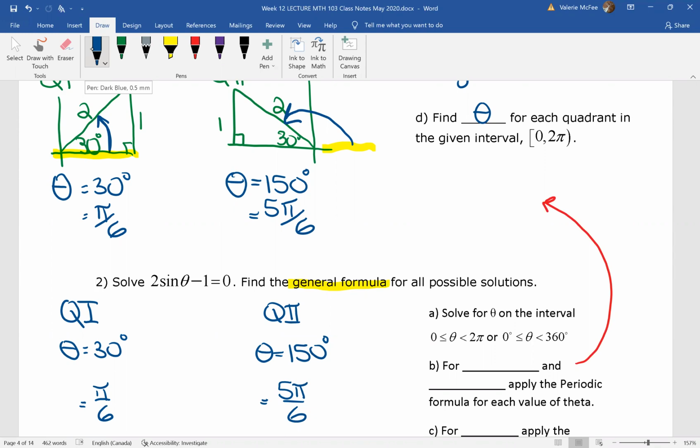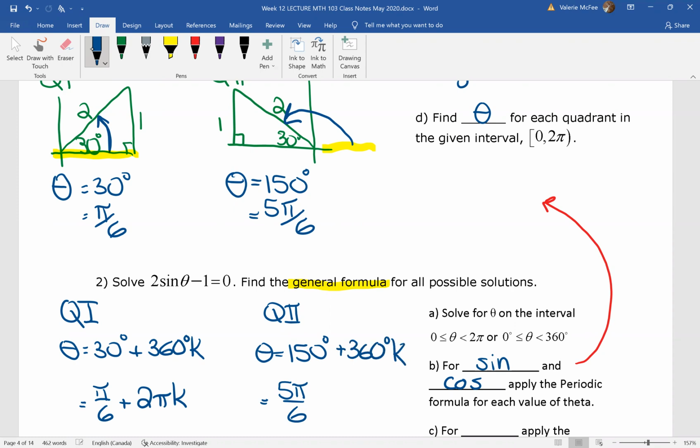And in quadrant 2, theta was 150 degrees or 5 pi by 6 radians. So for sine and cosine and their reciprocals, we're going to apply the periodic formula for each value of theta. We know that sine repeats every 360 degrees, so in degrees, or in radians, it repeats every 2 pi radians. We do that for both values of theta.